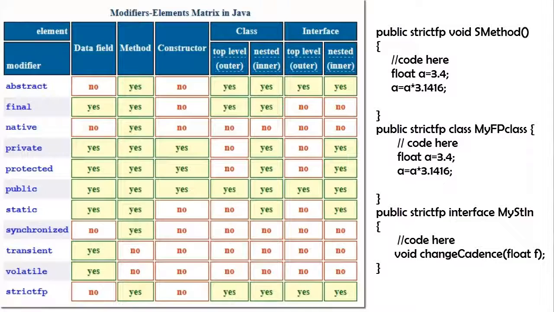It means that if your method is declared as strictfp, then inside your method, if there is some floating point calculation, it will maintain precisely the same format, universal for all platforms, and the same for the interface and the class.